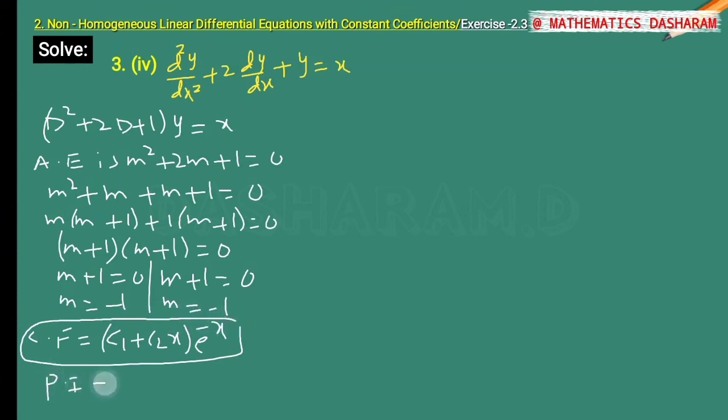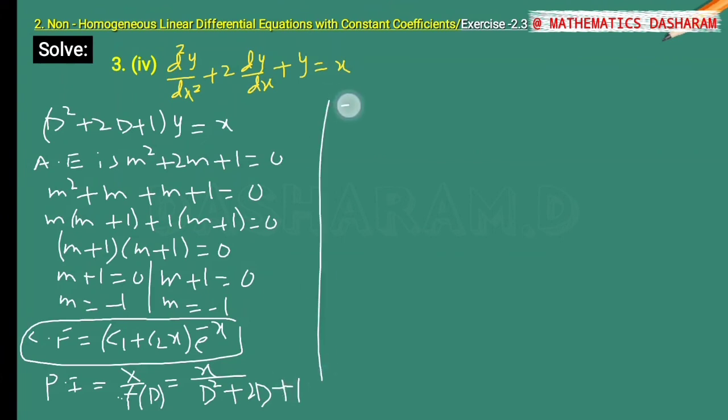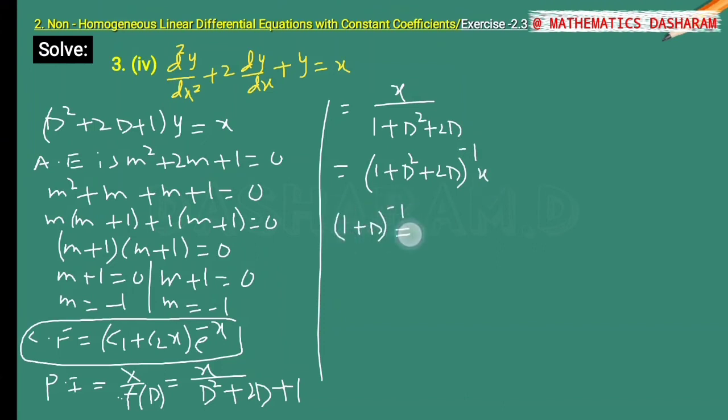Now the particular integral is x divided by f of D. X means the given function on the right side, and f of D is D square plus 2D plus 1. So it is equal to x divided by 1 plus D square plus 2D. So 1 plus D square plus 2D whole power minus 1 into x. Here 1 plus D whole power minus 1 formula, that is 1 minus D plus D square minus D cube plus dash.